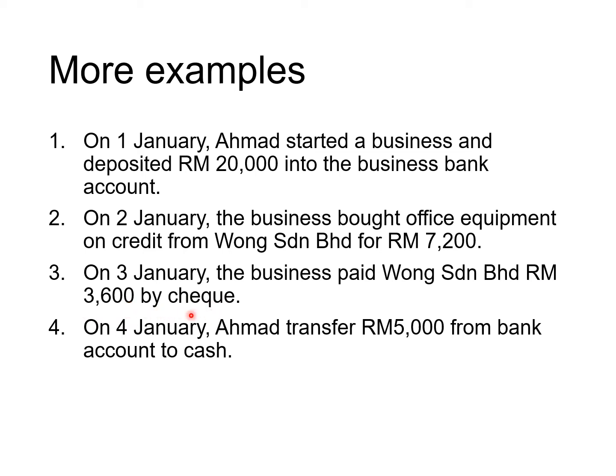Bila dia bayar guna cek, dia akan melibatkan duit keluar daripada bank. And untuk 4 Januari, Ahmad ni dia transfer 5,000 daripada bank kepada cash. So let us see the double entry ataupun the effect of the 4 transaction here.